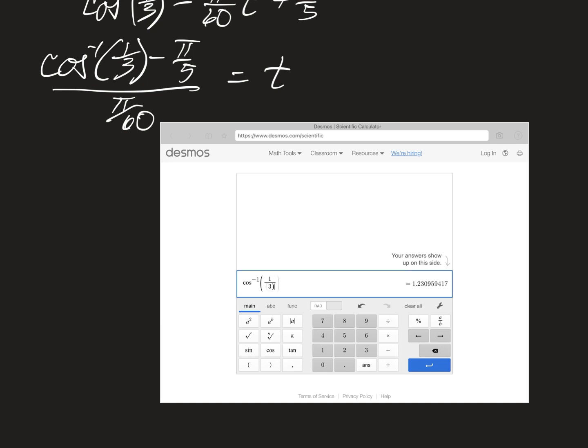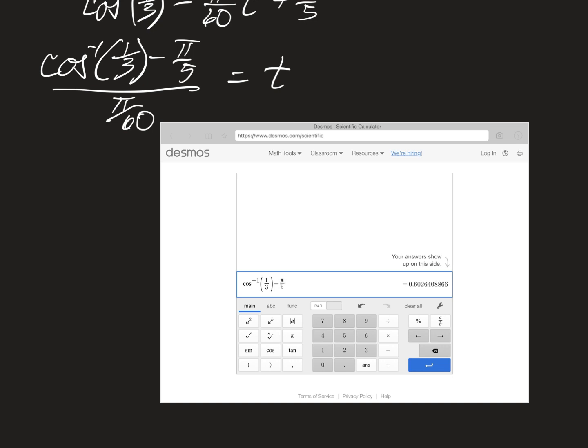Then I subtract another fraction, pi divided by 5.